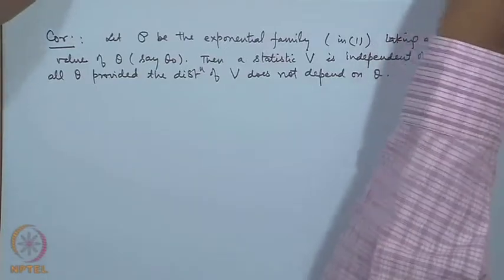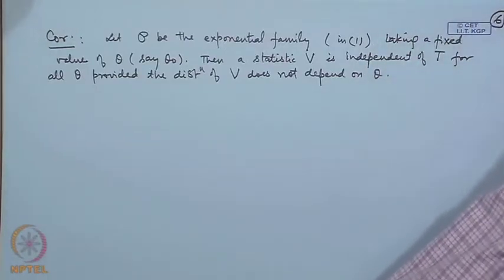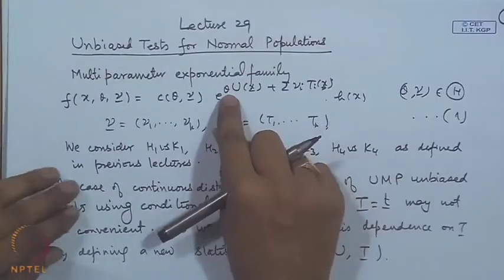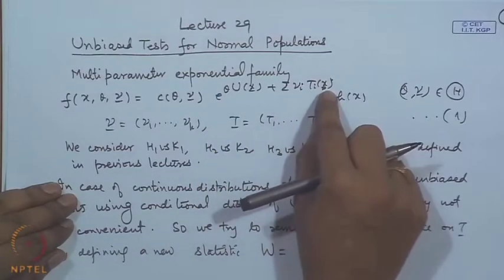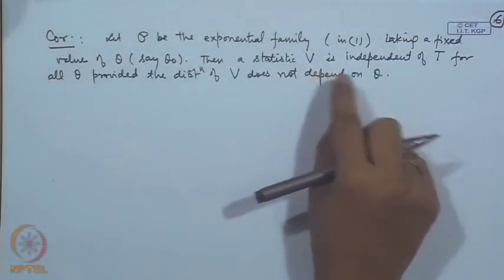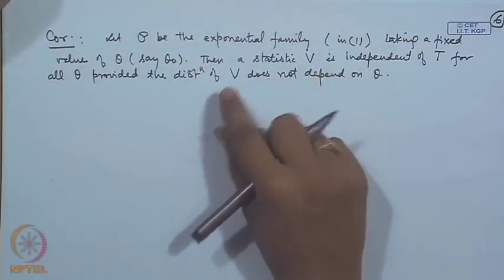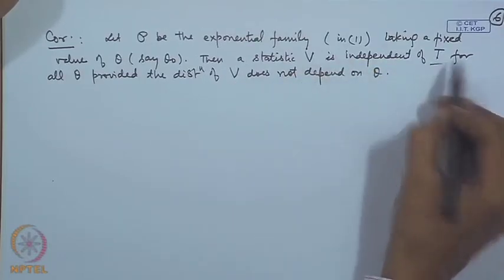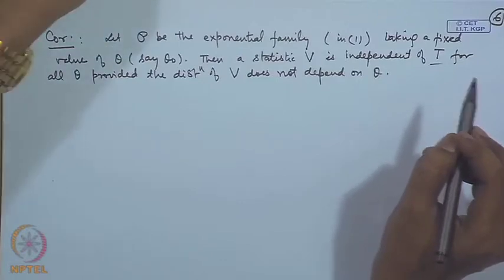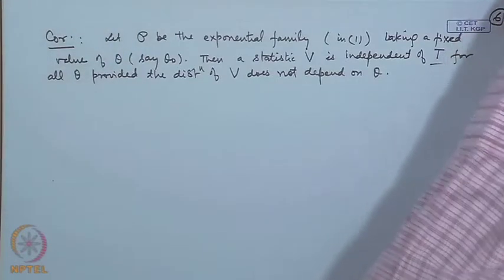If you look at the family in 1, if I fix the value of theta, say theta naught, then the sufficient statistic will become T1, T2, ..., Tk. Now, if I have another statistic V whose distribution does not depend upon theta, then certainly V and T will be independent. So, we will try to use this.